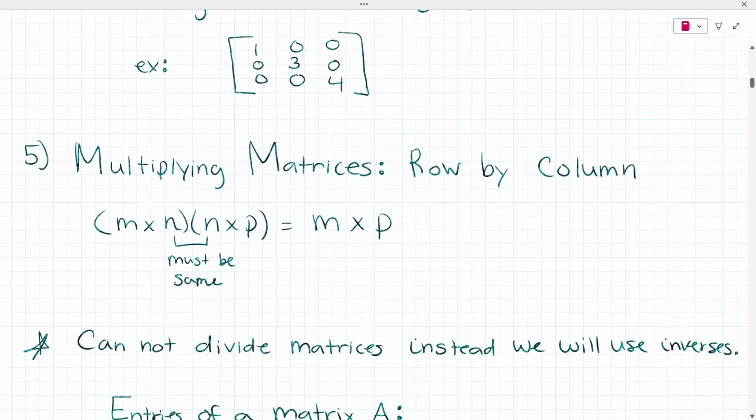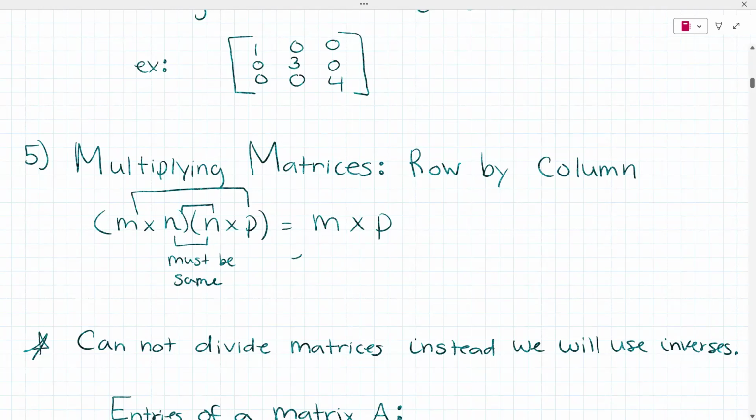What about multiplying matrices? It's a little bit different from adding and subtracting. They don't have to be the same size, but these two numbers have to be the same, and then your final matrix will be measured by the other two numbers.